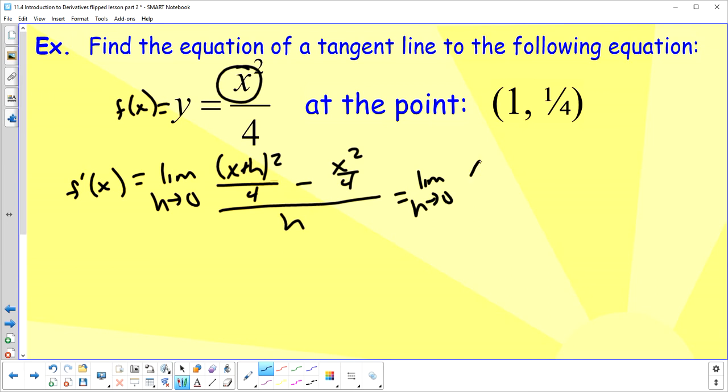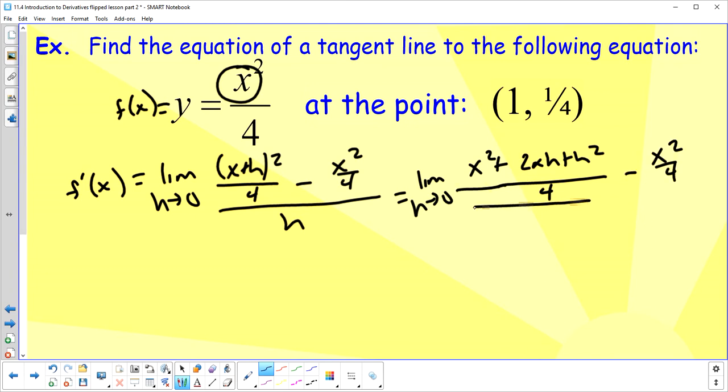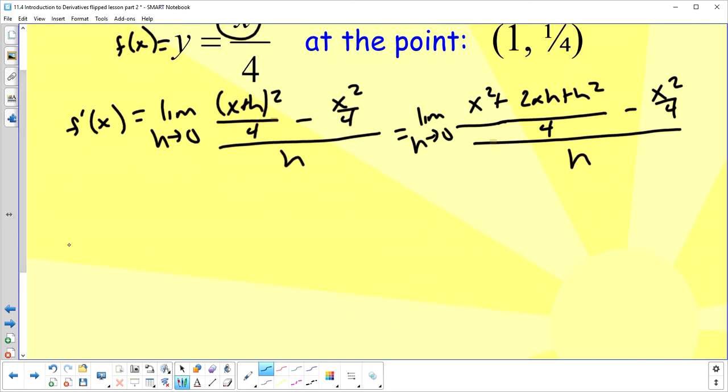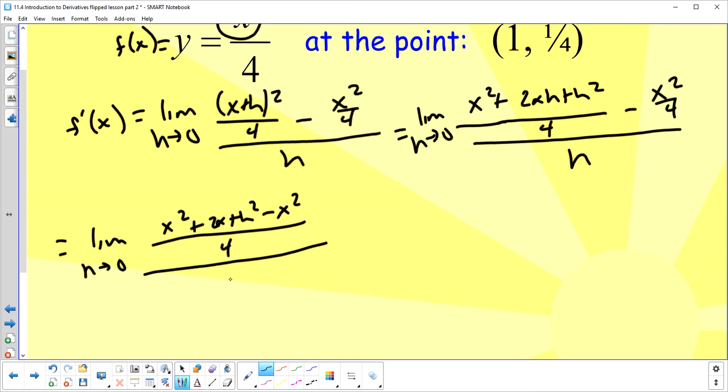x plus h squared, x squared plus 2xh plus h squared, the whole thing over 4, minus x squared over 4, and the whole thing still over h. Okay, and simplifying our next step then, since we have common denominators in our numerator, I can rewrite that as 1 numerator, whole thing over 4, and the whole thing over h.